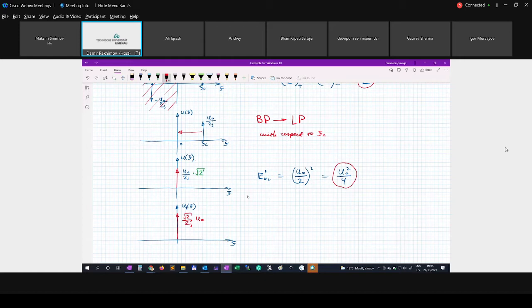Okay, and my final question. As one of you pointed out, this is the signal in the frequency domain. But how will the signal look in the time domain? No, it's not a step. It's a constant.